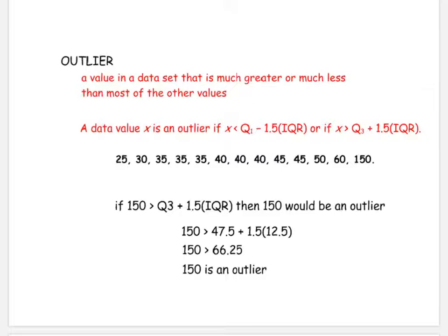You want to look at the data and have them in order from smallest to greatest. Ours are already in order. So the first thing you have to find is the median. So you cross off one from each side until you get to the data value that is in the middle. So in our case, the data value that's in the middle is 40.